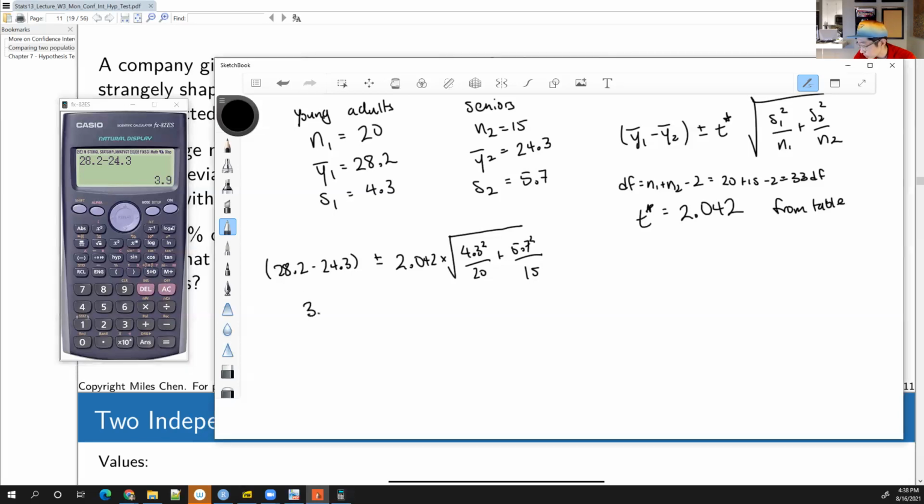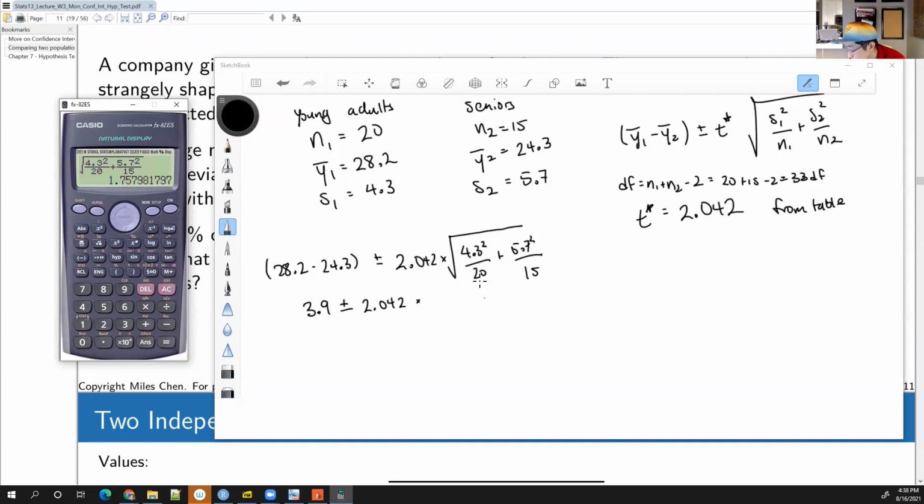Okay, so we have 3.9 plus or minus 2.042. And then let's figure out what our standard error is. Standard error is the square root of 4.3 squared over 20 plus 5.7 squared over 15.